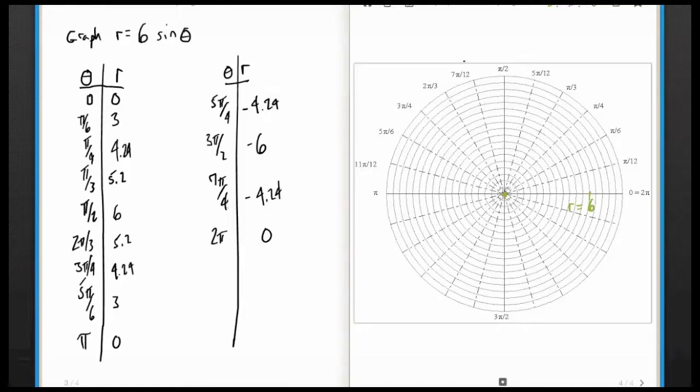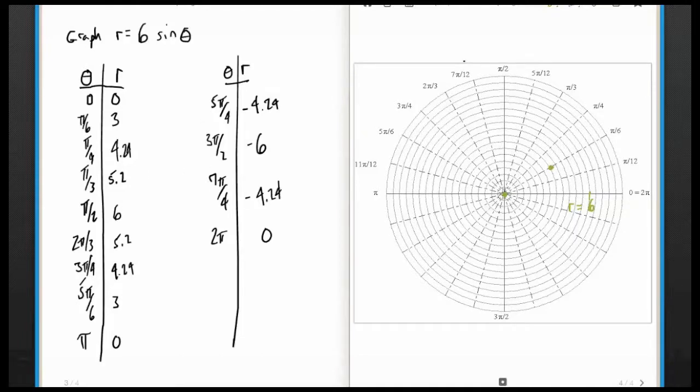And then now when I'm looking in the pi over 6 direction, which is here, my radius is going to be 3. So this is 6, 5, 4, 3. Why is that not letting me draw in there? There we go. So my first point is here, my second point is here.